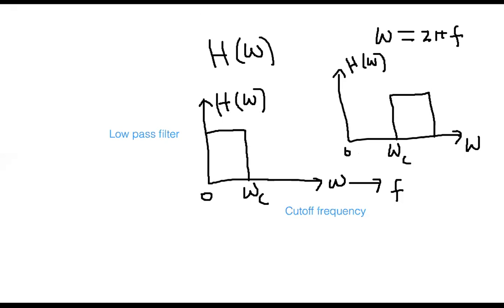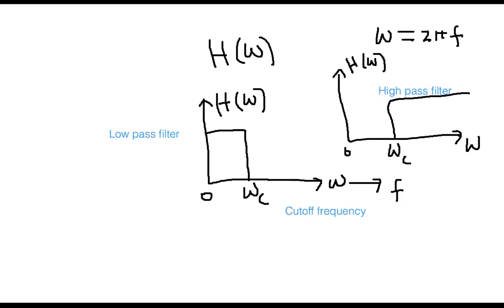Actually, it will not be blocked, it will go in that way. So it will not allow the low frequency to pass, but it will allow the high frequencies. Starting from this point, it will allow any frequency. Accordingly, it is called the high pass filter. So this is the example of the high pass filter.